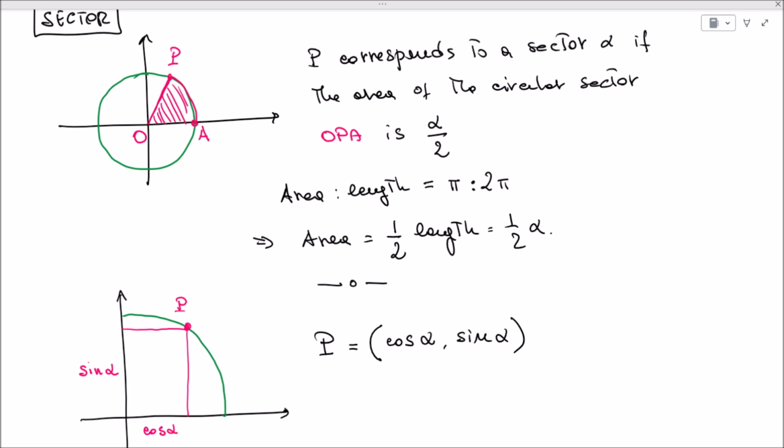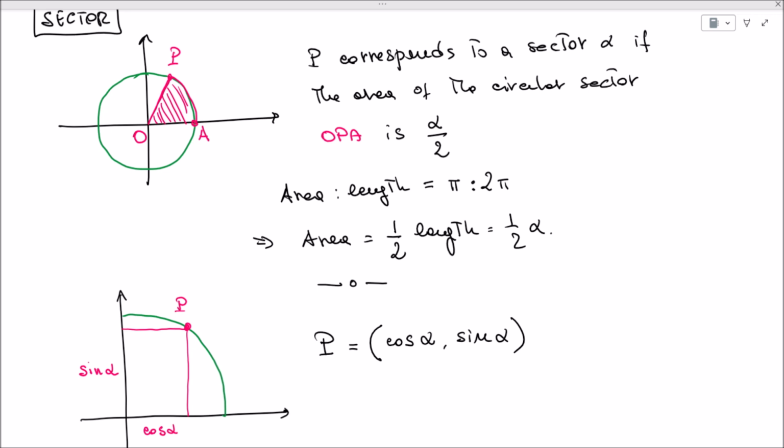In fact, we know that P corresponds to a specific length of the arc, and for this length we are defining its Cartesian coordinates as a function of this length.